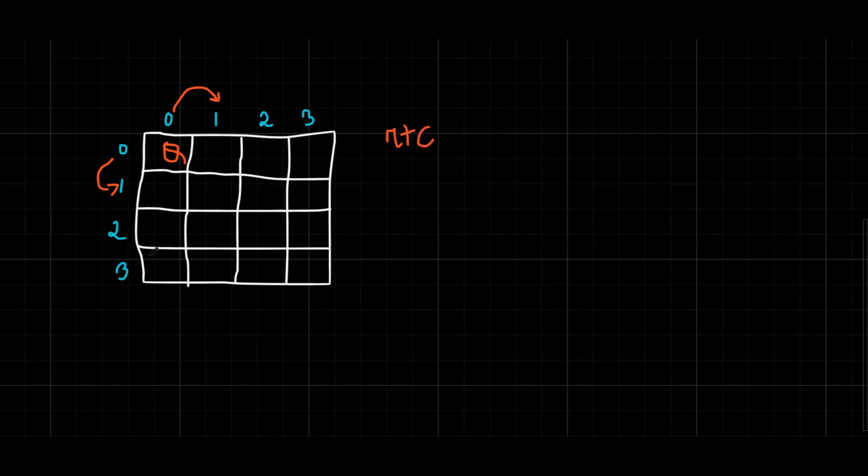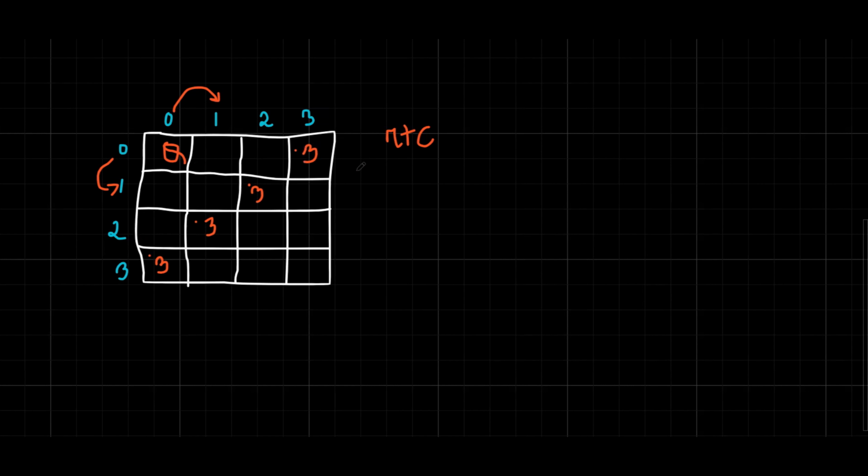For this position, the value of row plus column is 3 plus 0, which is 3. For this position, it is 2 plus 1, which is 3. For this, 1 plus 2 is equal to 3. And for this, 0 plus 3 is equal to 3.